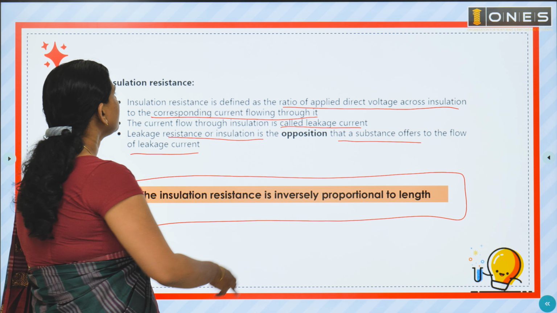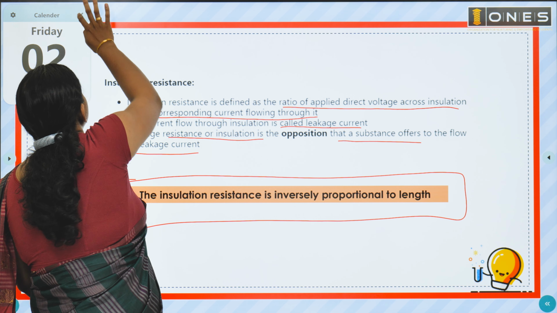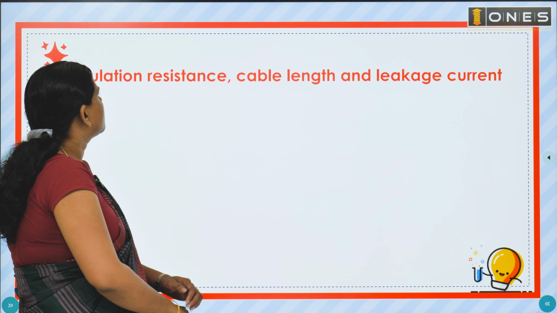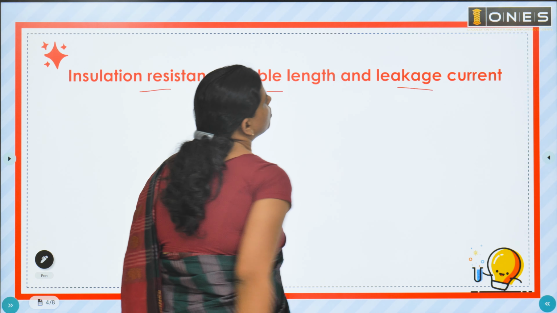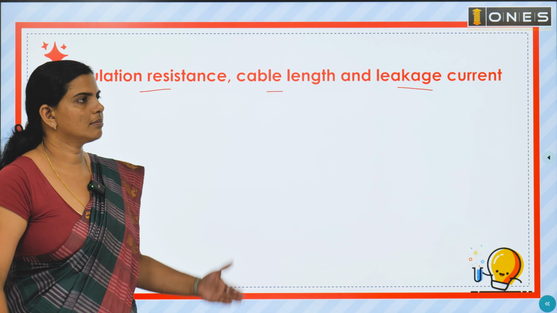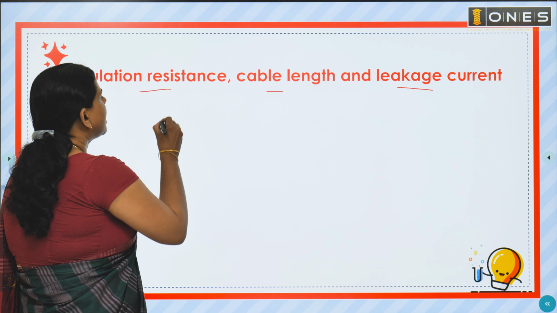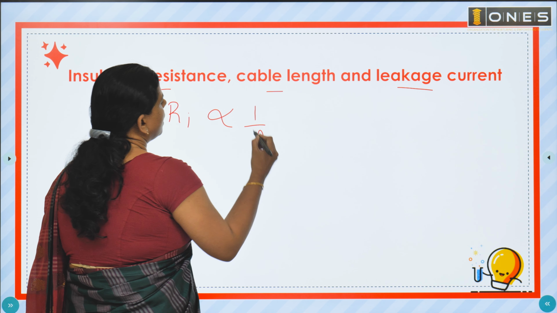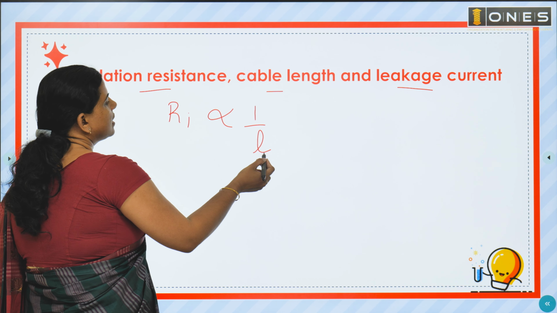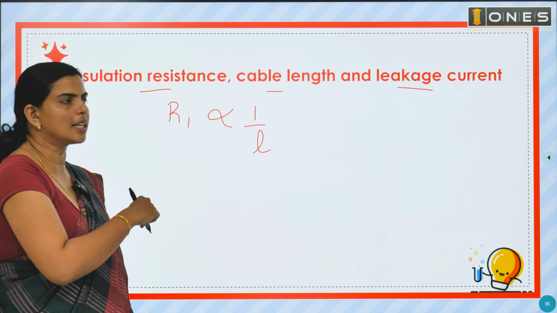So insulation resistance, cable length and leakage current, what will be the relation? Let's see. We know that insulation resistance, let it be Ri, is inversely proportional to the length of the cable. As length increases, the resistance decreases.